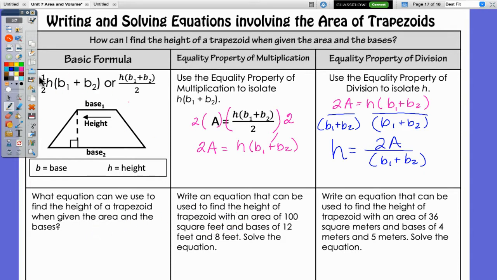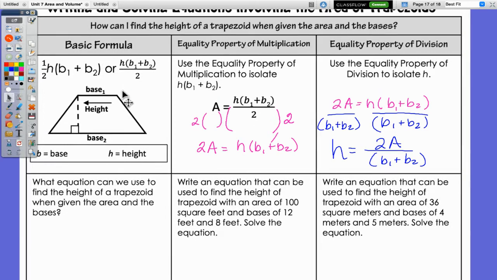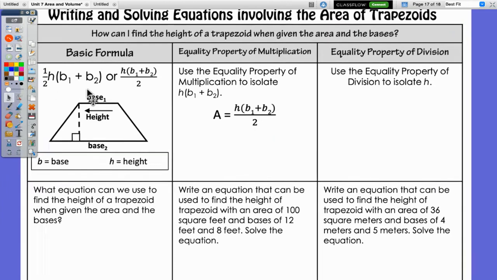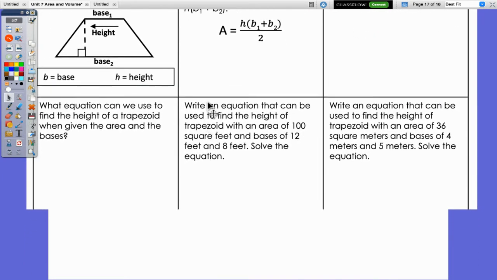So we're going to solve this problem right here. Oh, I guess I'm going to have to erase this. Sorry, guys. Okay, we're going to work on this middle problem. It says write an equation that can be used to find the height of the trapezoid with an area of 100 square feet and bases of 12 and 8. Okay, so I have an area, I have my first base, and I have my second base.